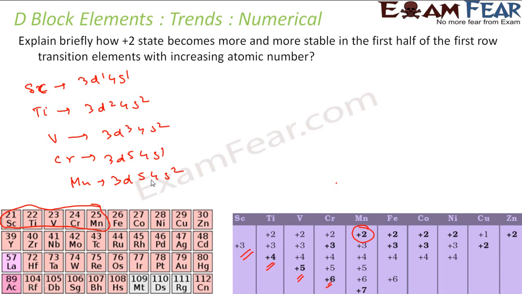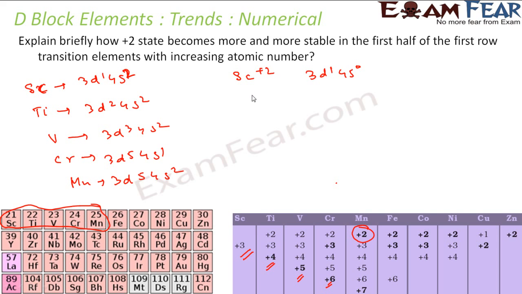Okay. Now, if you lose 2 electrons from here, 4s2. If you lose 2 electrons from here, Sc, let's find +2 oxidation state. This becomes 3d1, 4s0.